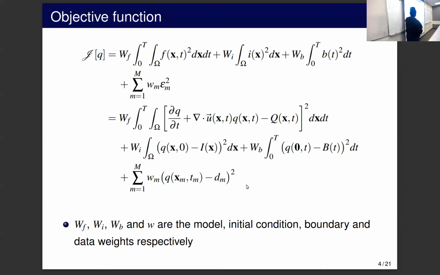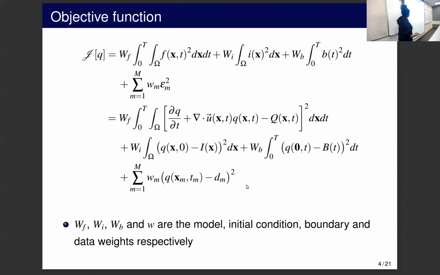Substituting for those various errors, we get the so-called expression, where the weights Wi, Wv, and W are weights for the model, the initial condition, boundary condition, and data respectively.